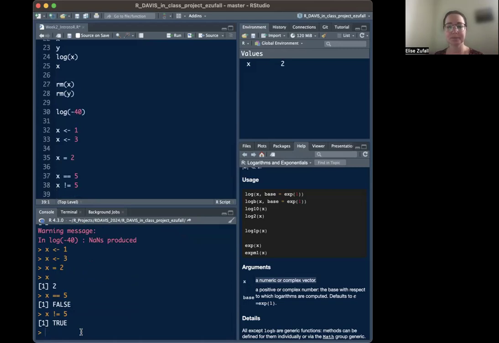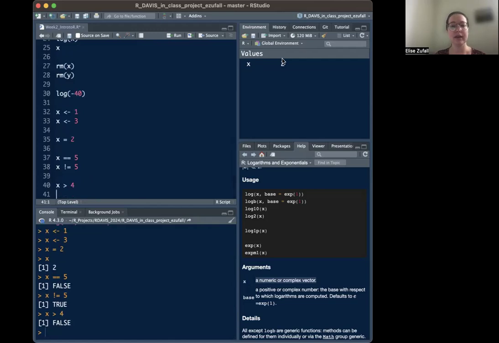So there are 6 of these different logical statements. There's equals equals, which asks the question, is the first thing equal to the second thing? There's not equals, which we type using an exclamation point and an equal sign. There's also the greater than symbol. So we can ask, is x greater than 4? No, right now x is 2, so that is FALSE.